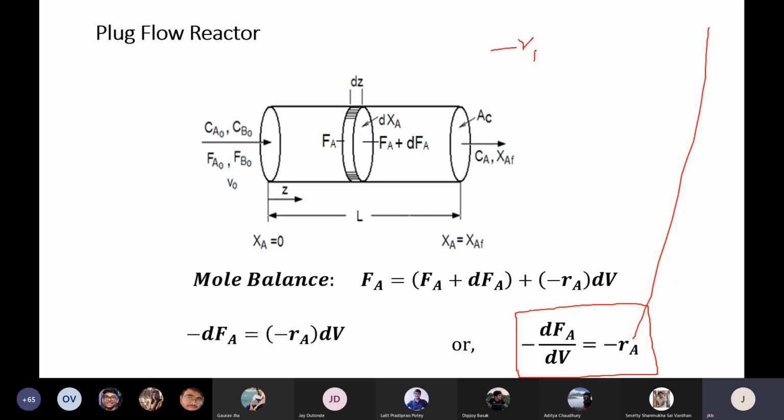You have started the heterogeneous part, heterogeneous reactions.